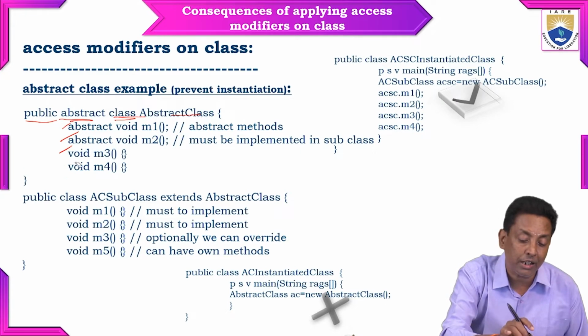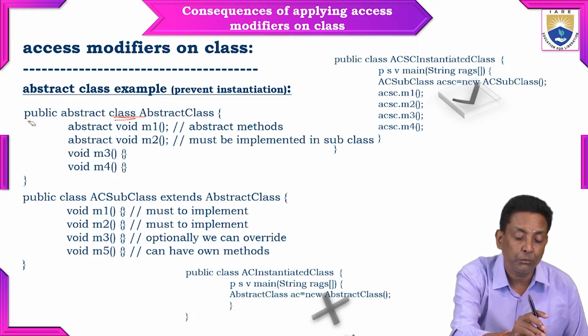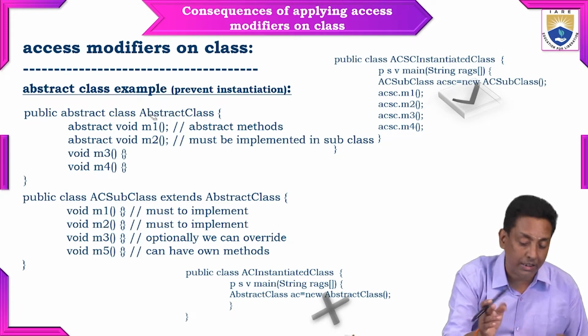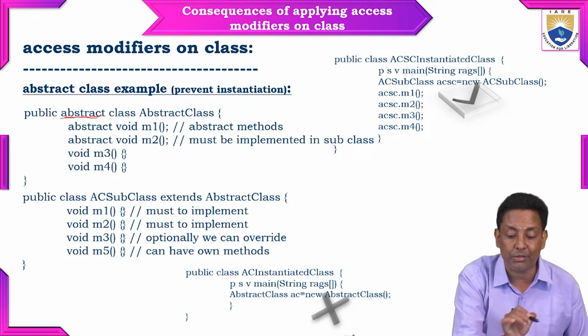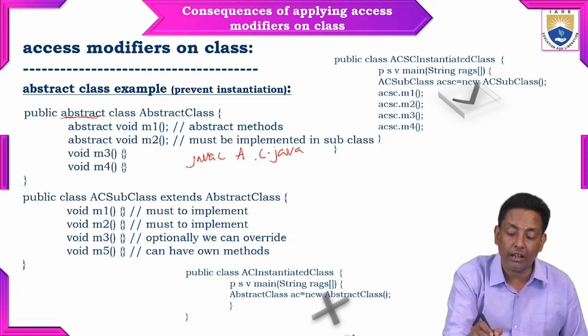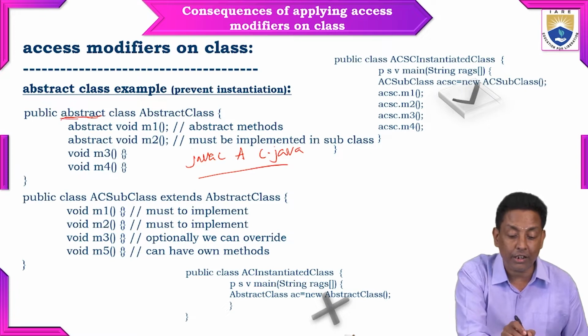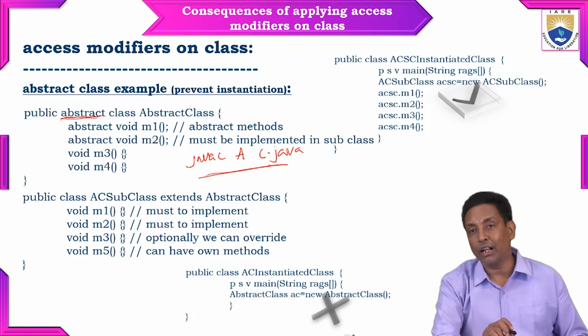If a class contains any such abstract methods, such a class must be declared as abstract. And if the class contains abstract methods like this, and you don't declare the class as abstract, you will get a compilation error. During javac of the file AbstractClass.java, if you don't declare the class as abstract and compile the Java program, immediately you will get an error.